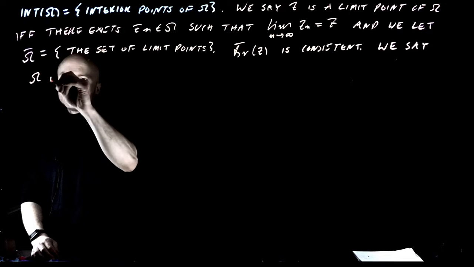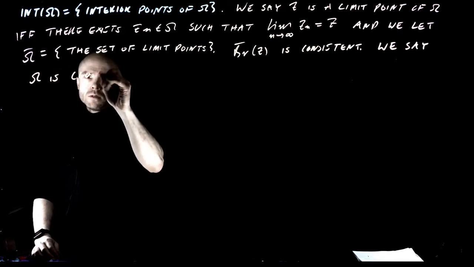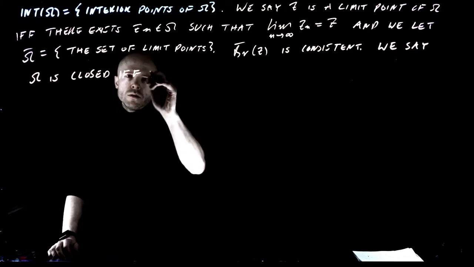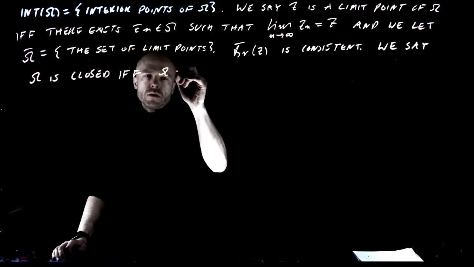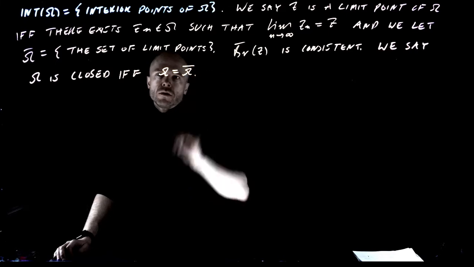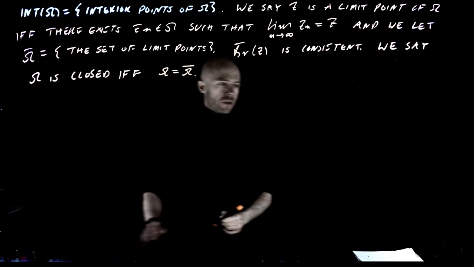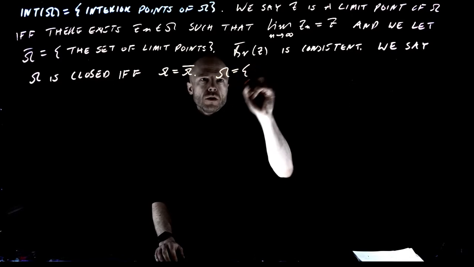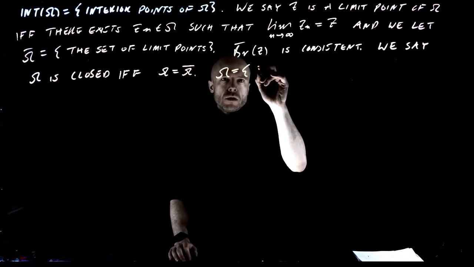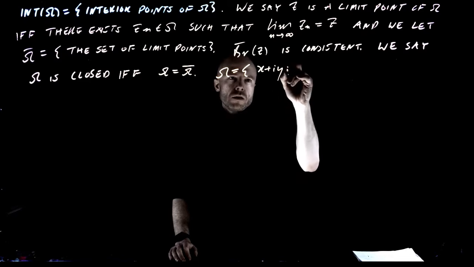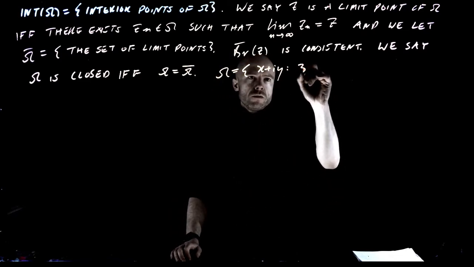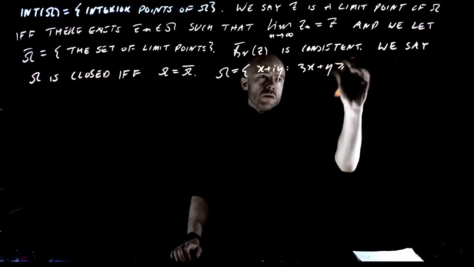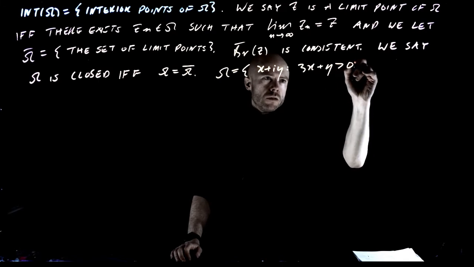So okay, good. So an example, if we let omega be the set of all x plus iy such that, say, 3x plus y is bigger than or equal to, let's just do bigger than 0.